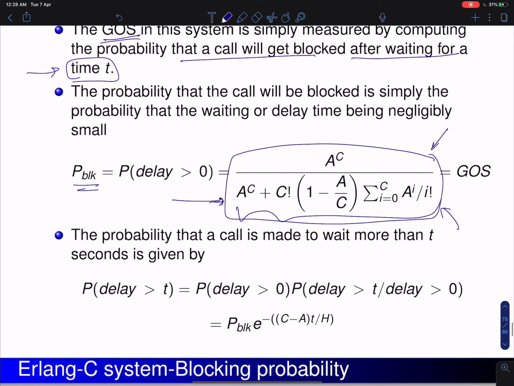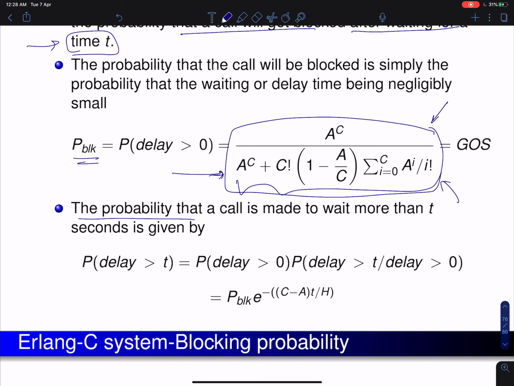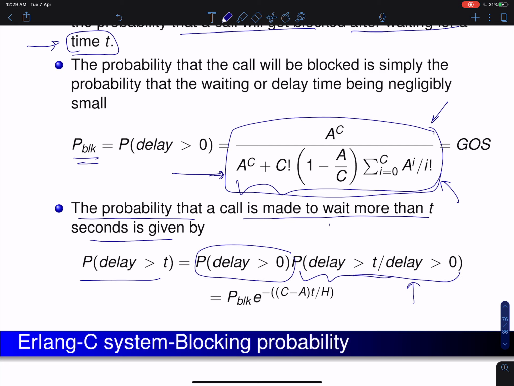The next thing is again, what is the probability that a call is made to wait more than t seconds? That is nothing but the probability of delay greater than t. You can just use conditional probability here. Probability of delay greater than t given delay greater than 0, times probability of delay greater than 0. This follows from the result that probability of b given a times probability of a will be equal to probability of a and b.